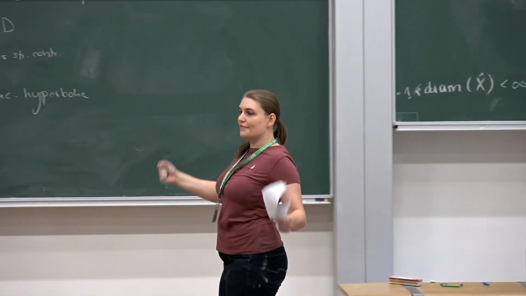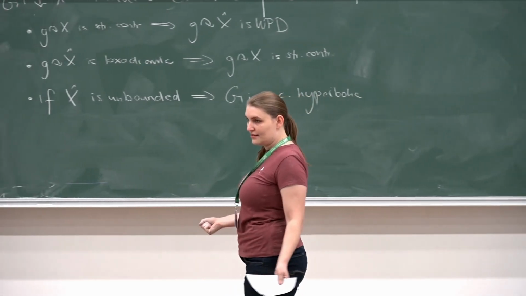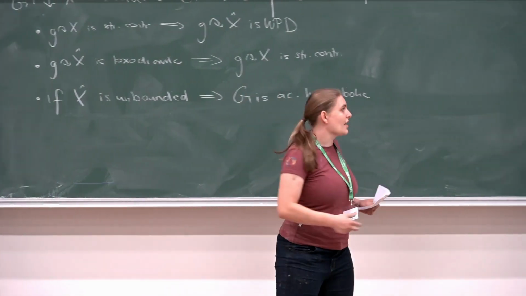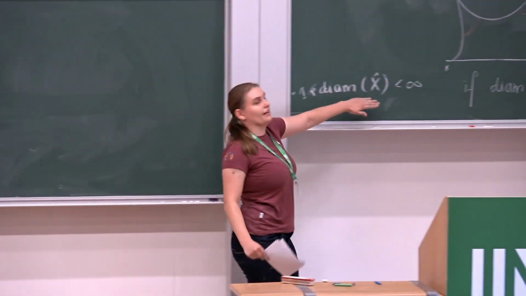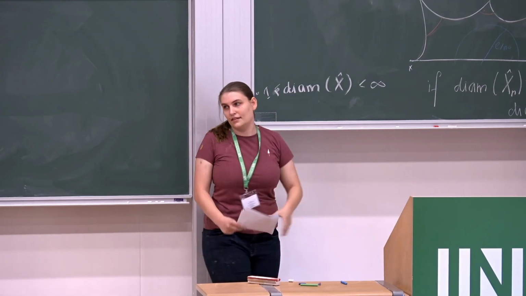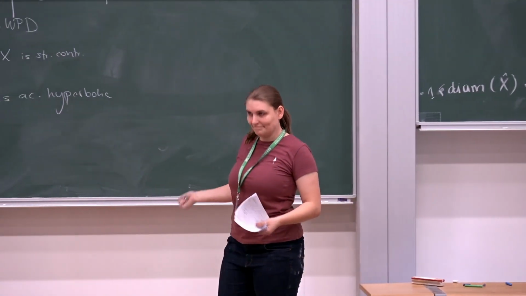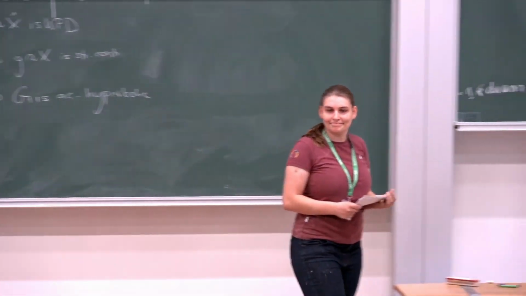So it tells us that if we can compare the different contraction spaces with each other, then we can actually get around this case and prove the theorem. Thank you very much.